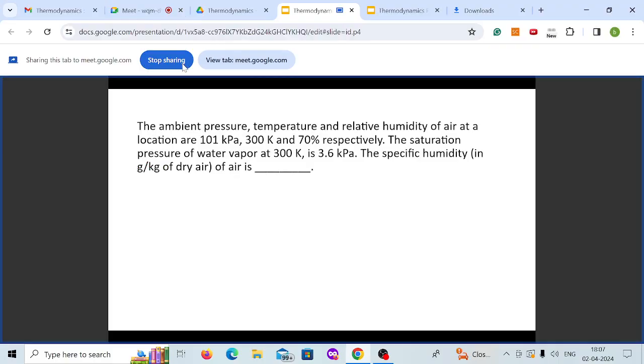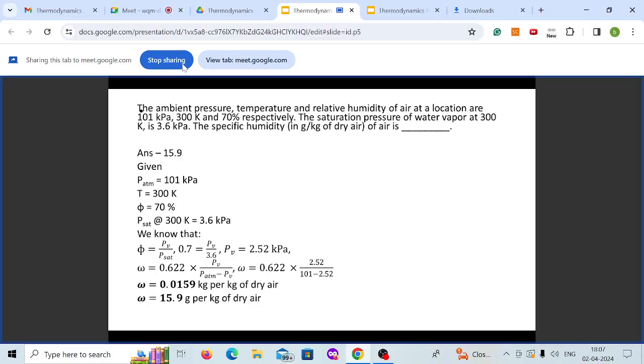Next question: the ambient pressure, temperature and relative humidity of air at a location are given as 101 kilopascal, 300 Kelvin and 70% respectively. The saturation pressure of water vapor at 300 Kelvin is 3.6 kilopascal. Again you have to find the specific humidity, with a similar procedure.